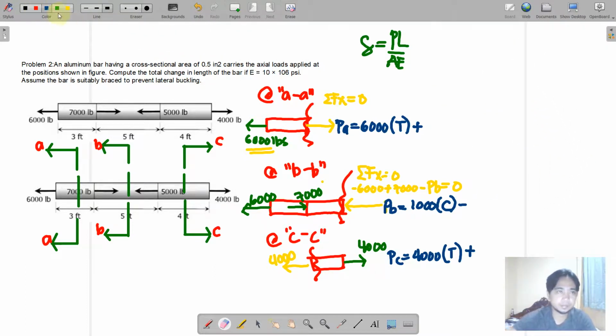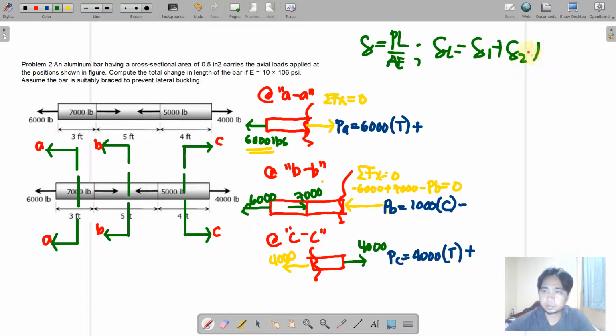Finally, delta total is equal to delta 1 plus delta 2 plus delta 3. So we have here PL over AE of 1 plus PL over AE of 2.